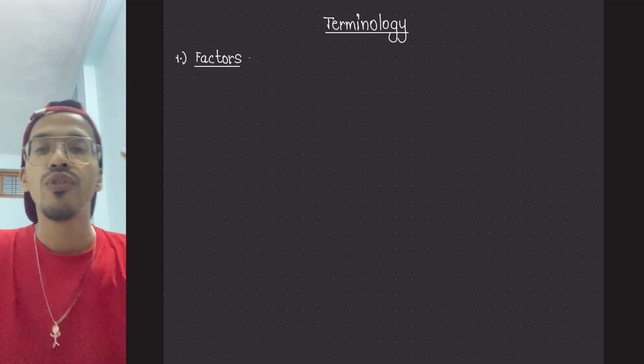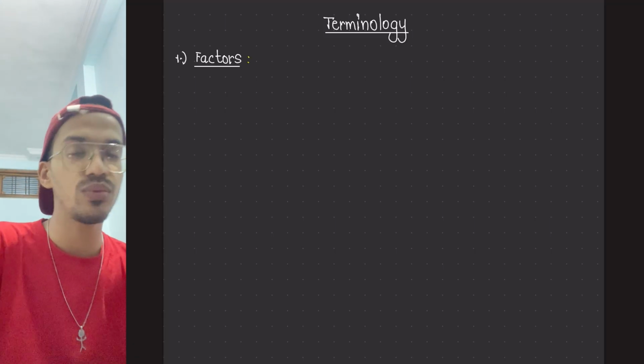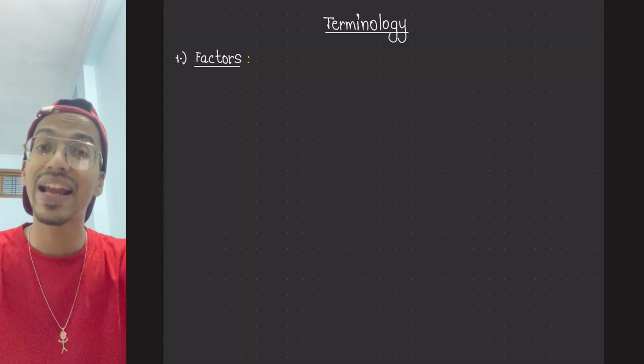Okay, so what is the terminology? Number 1 is that he talked about certain factors. So what are factors? Factors is another way of calling the characters.